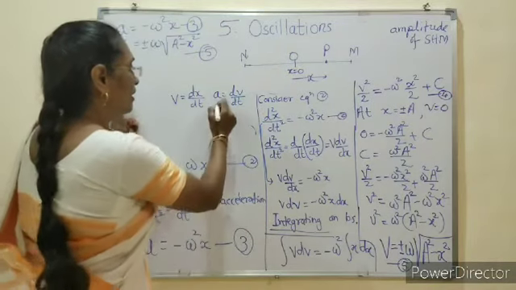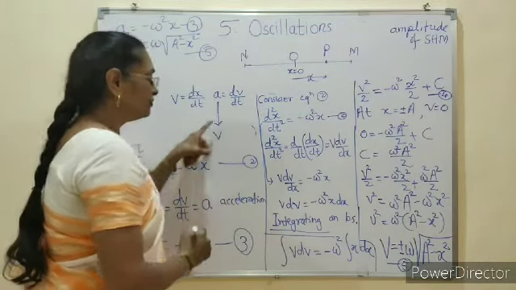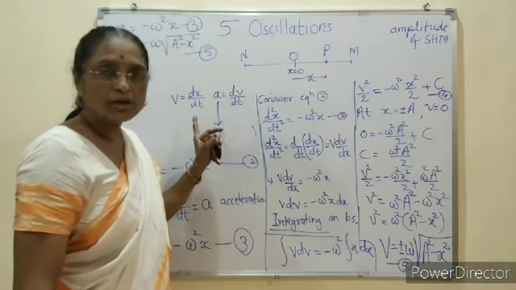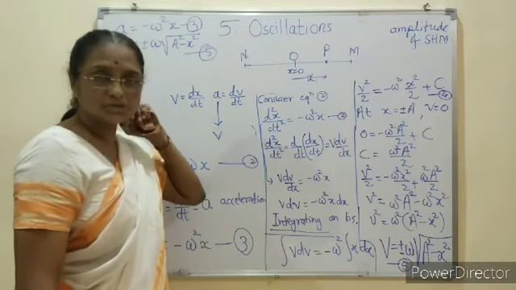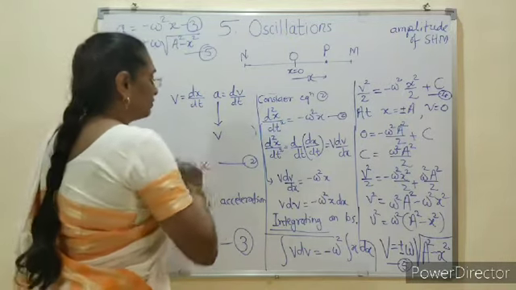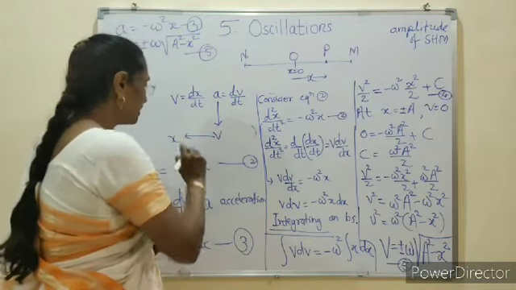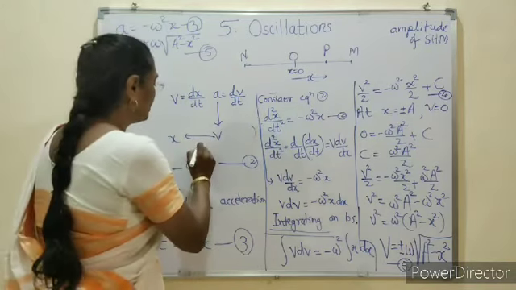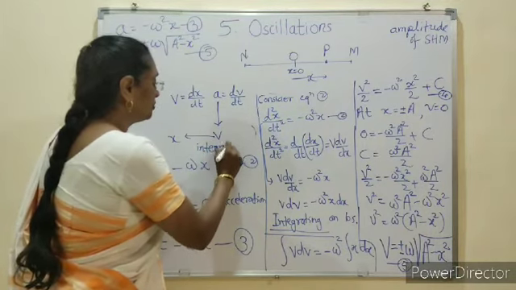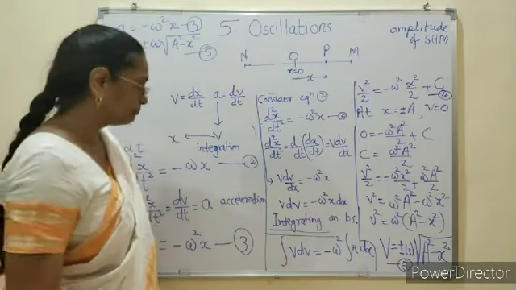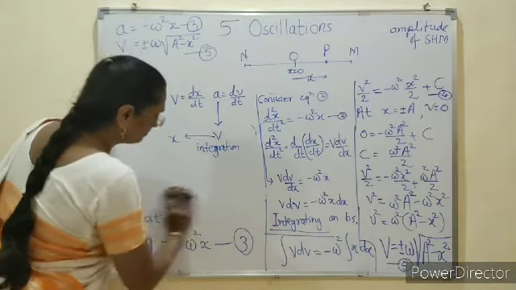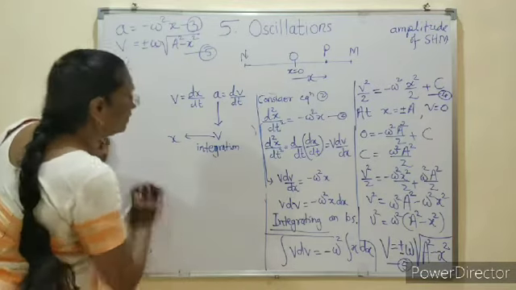Derivative and integration are processes which are opposite, or reverse, of each other. From velocity we can obtain displacement, again using the method of integration. So this is the mathematical part and it is simple.